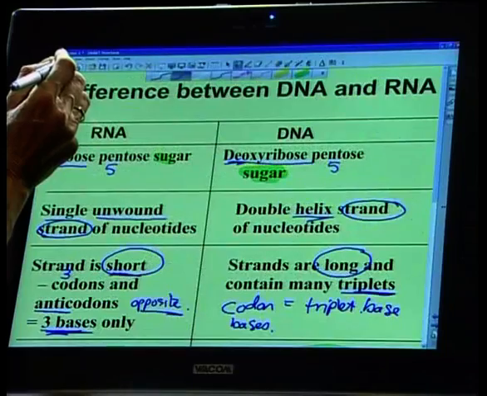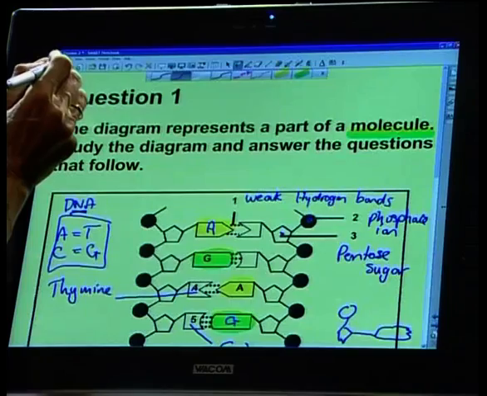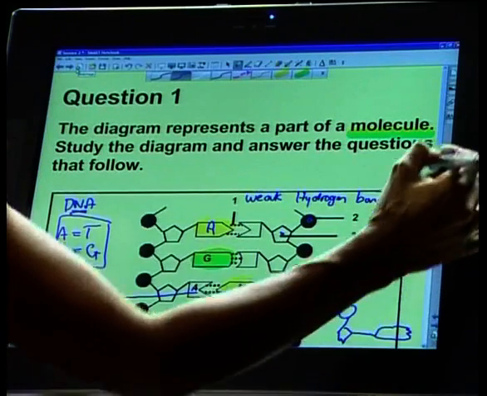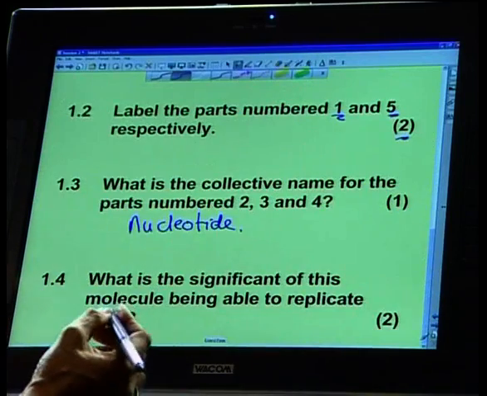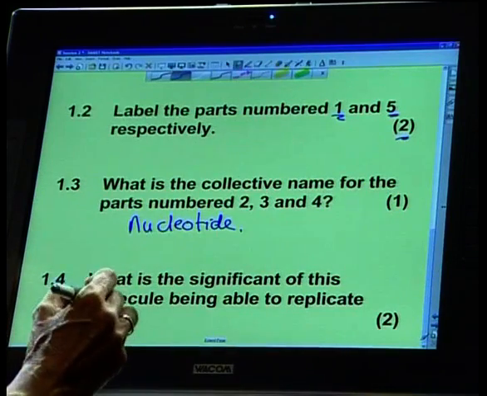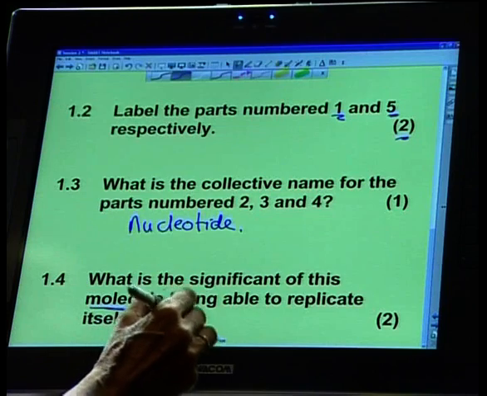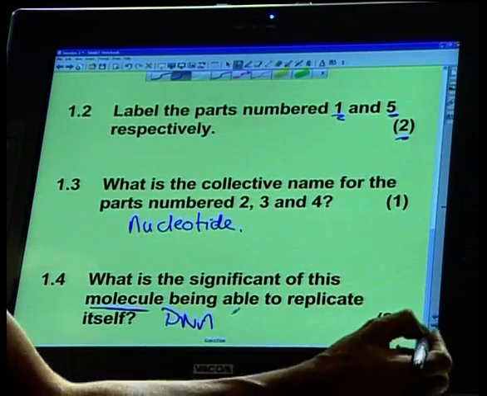Now, we need to make all of this happen. How can we make that happen in a nucleus? Let's go back to our final slide. That was the function of the nucleus. So what is the significance of this molecule, which is DNA? All right, people, let's look at this.